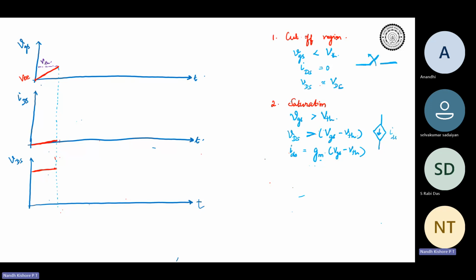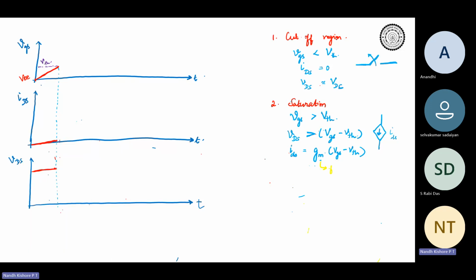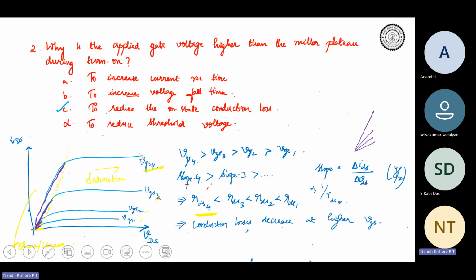This is your saturation region. Just for your information, GM is a function of temperature. If the device is operating at, let's say, 70 degrees, there will be a particular value of GM, and for a particular VGS, your IDS is fixed. This corresponds to the flat lines you see over here.